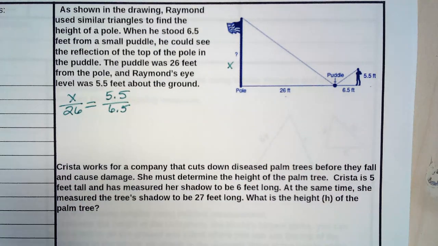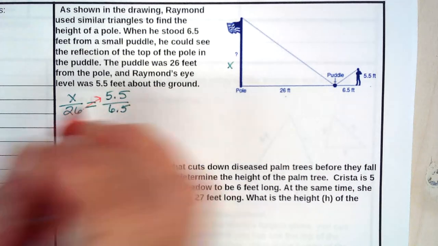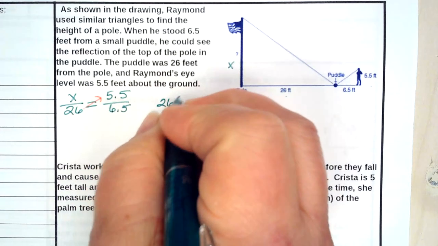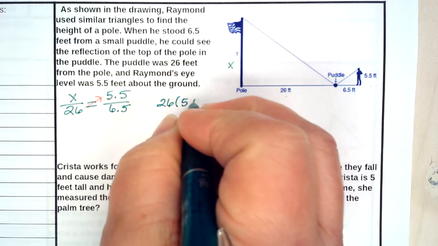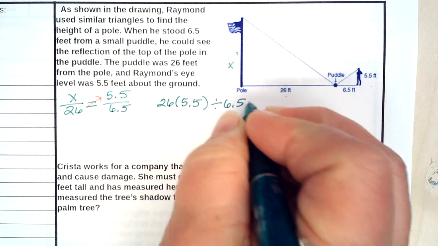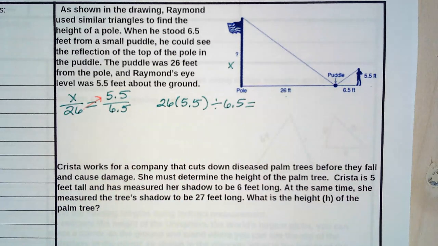So we always multiply first and then divide. 26 times 5.5 divided by 6.5.